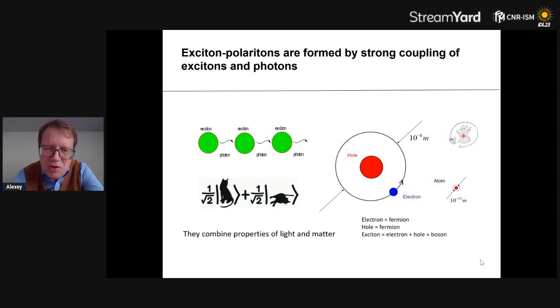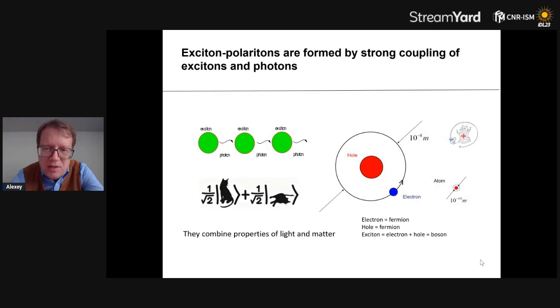Only when you do the measurement, you find this entity in a state of exciton or in a state of photon. Before that, it exists in a quantum superposition of a matter quasi-particle, the exciton, and a quantum of light, the photon. That is why the properties of these exciton-polaritons are inherited both from light and from matter.